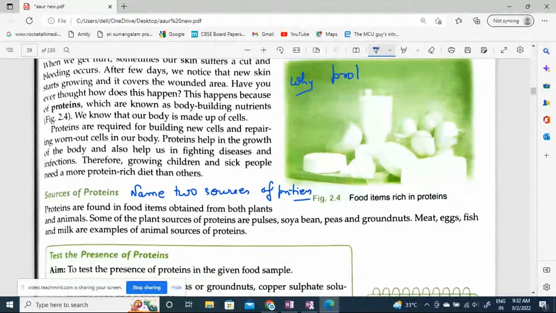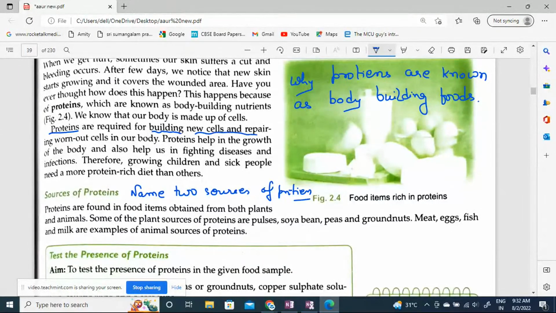Proteins build new cells and repair the worn-out cells in our body, so they are generally termed bodybuilding foods. That much.